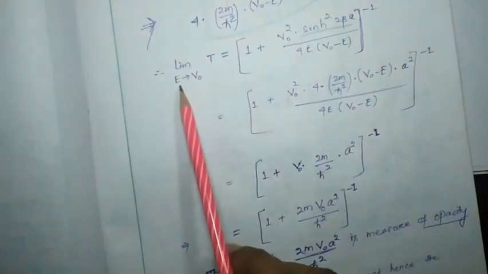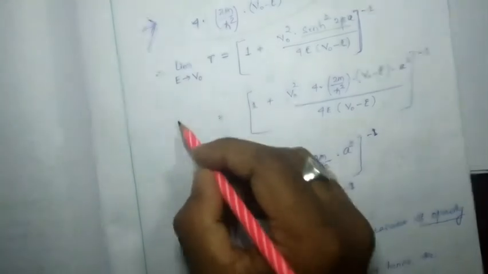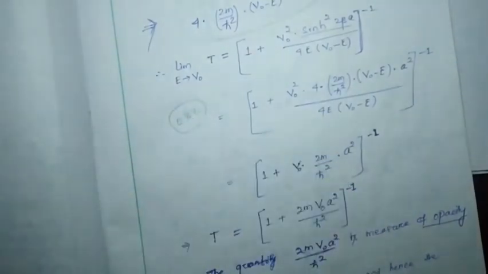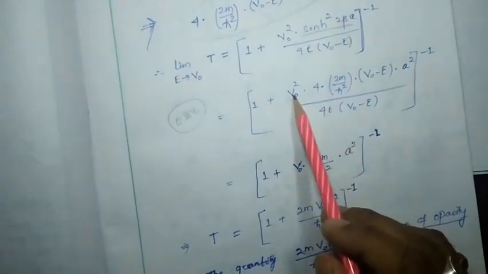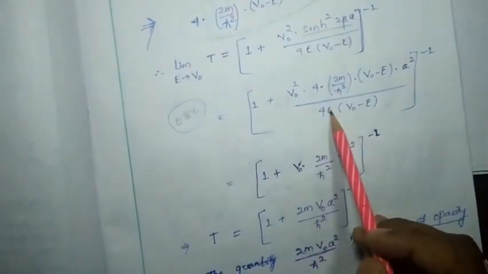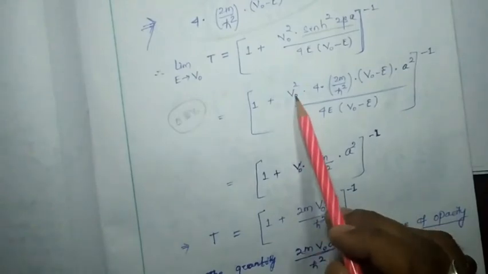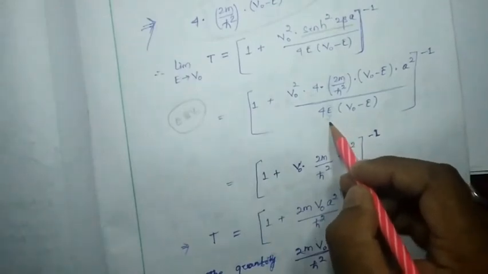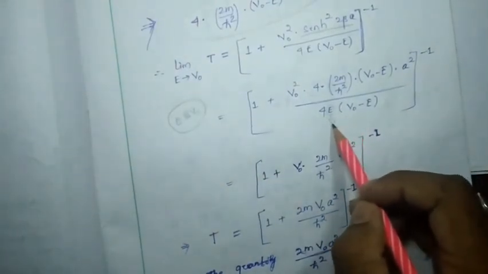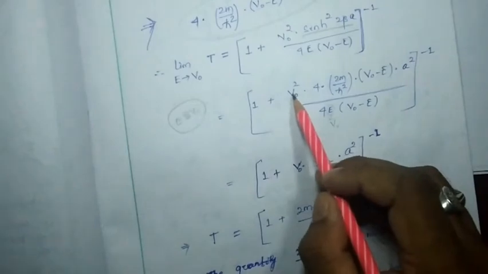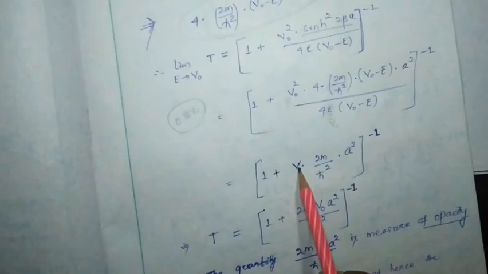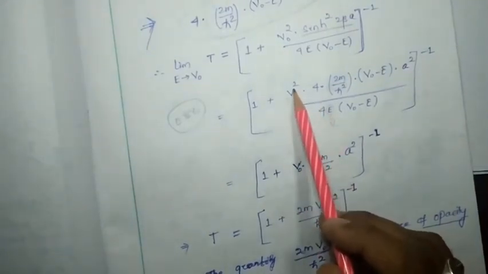Here we have taken that E tends to V0, or E equal to V0. We are considering that E is approximately equal to V0. So here V0 square by E, instead of E we can write V0, no? So one V0 can be cancelled, so only one V0 will be remaining in our numerator.